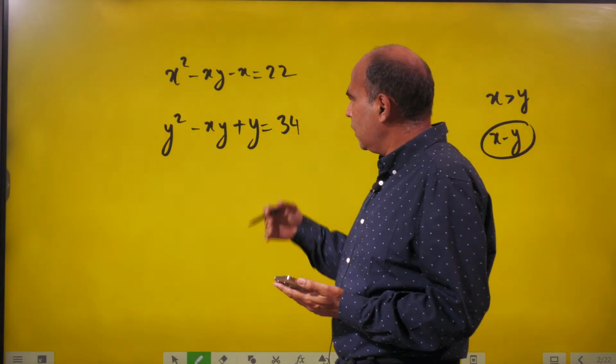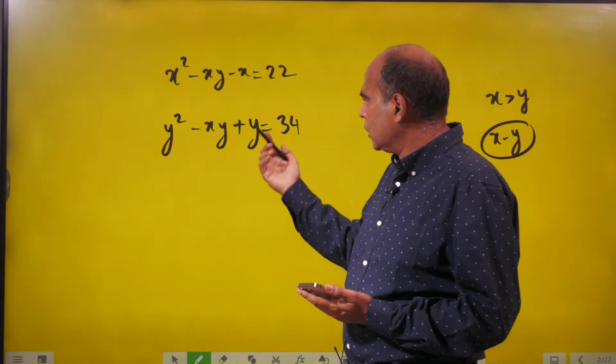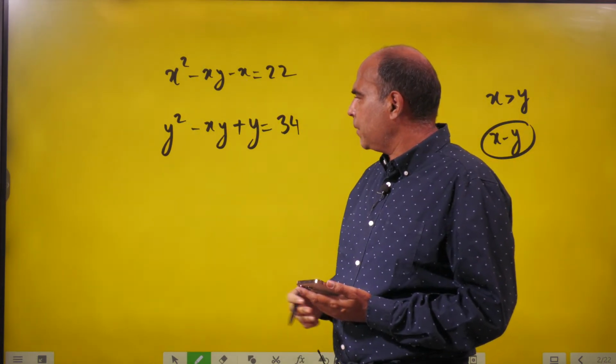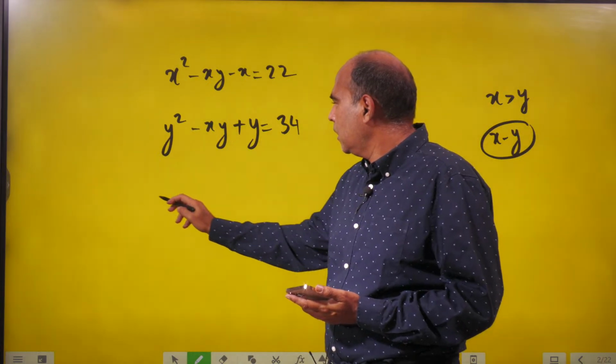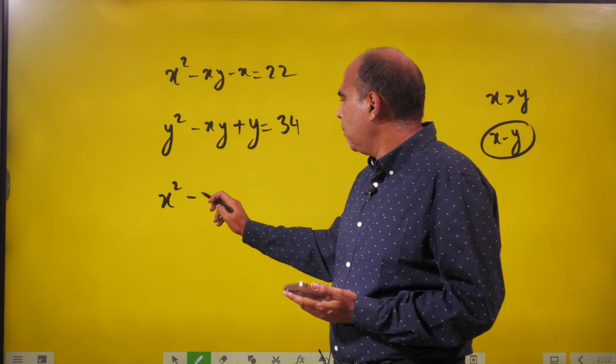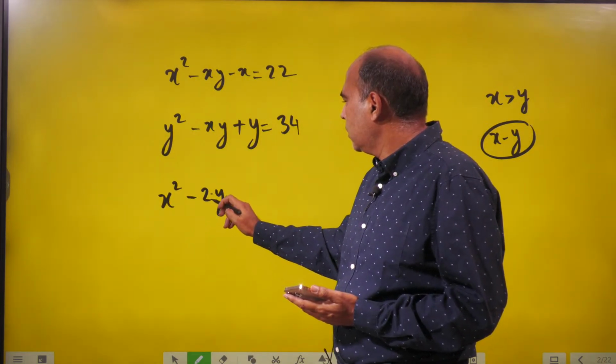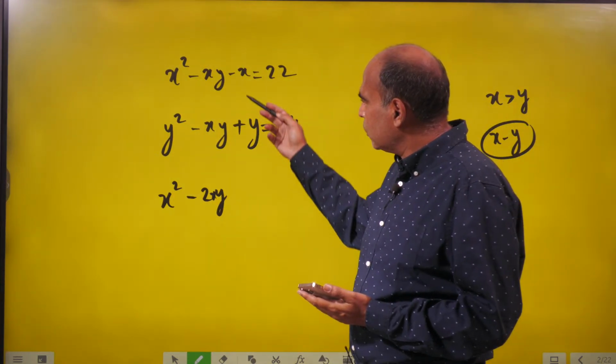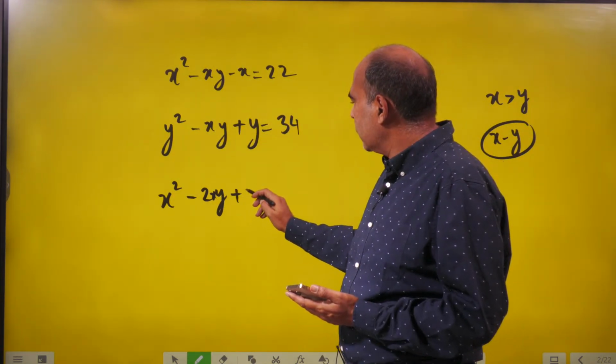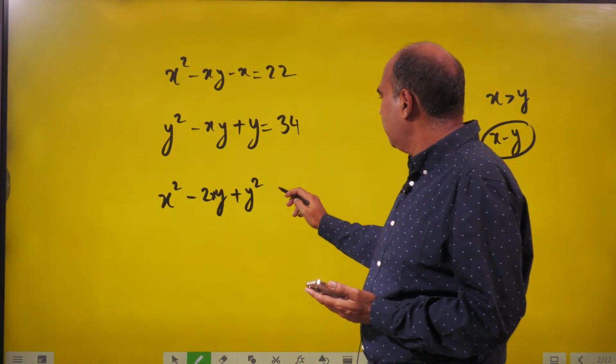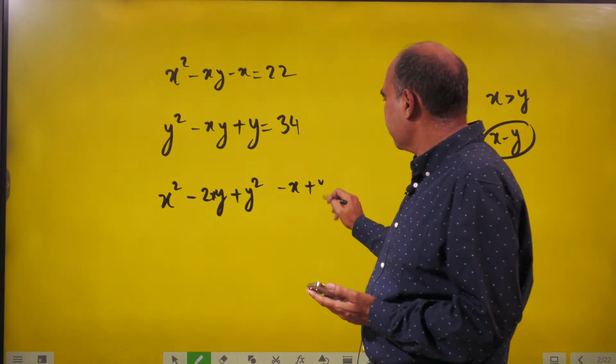So when I start this, the first reaction is, if we add these two expressions, I get x square minus 2xy plus y square minus x plus y.